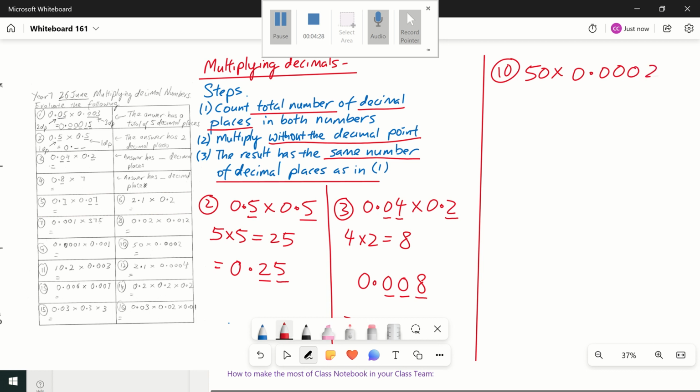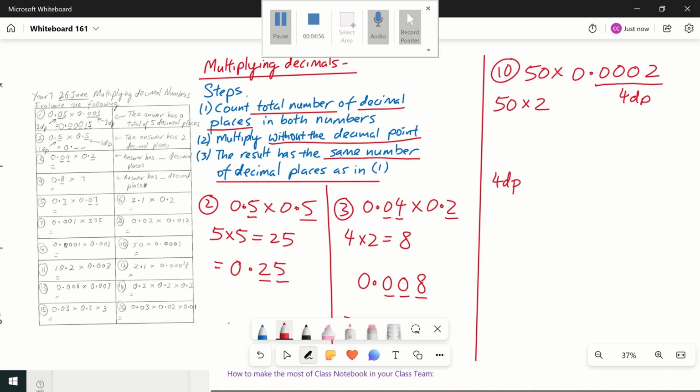So if we look at the first number, there are no decimal places there. But in the second number, we have a total of 4 decimal places. So you expect your answer to have 4 decimal places. Now we're going to go ahead and multiply 50 to 2, as if the decimal points do not exist.